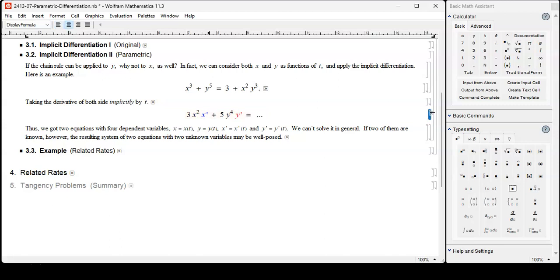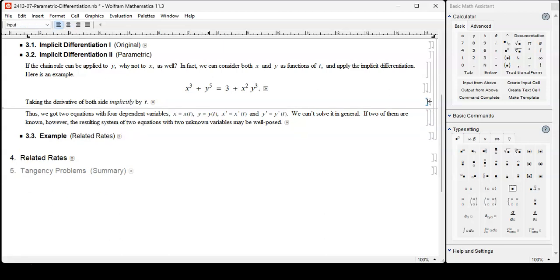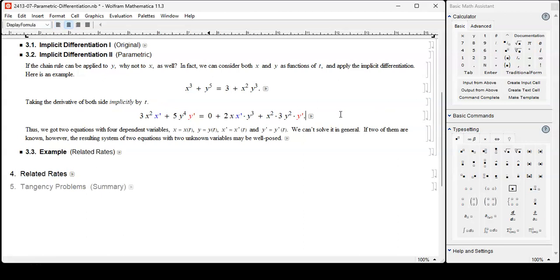That's because both are functions of t, and chain rule applies for both. Here's the outcome. Does everybody agree? Right hand side, we use the product rule. Derivative of the first function, so 2x, and then x prime popped up. Derivative of the second function, 3y squared, and then y prime popped up.